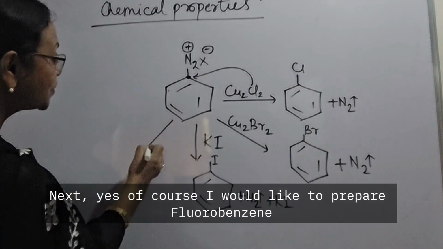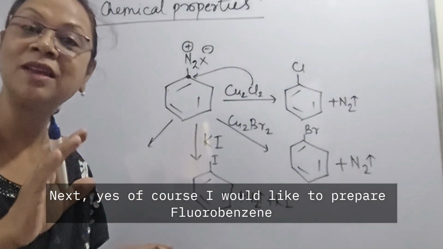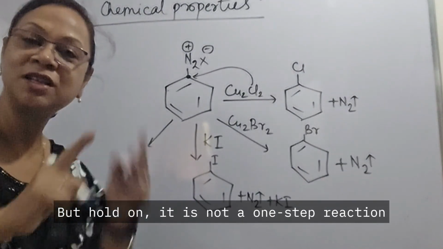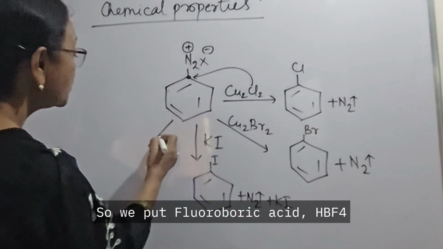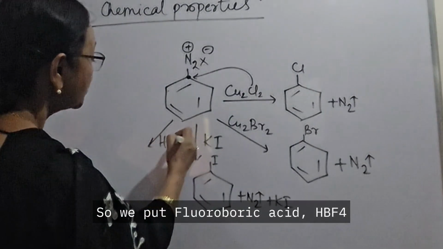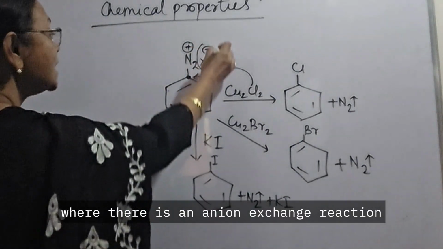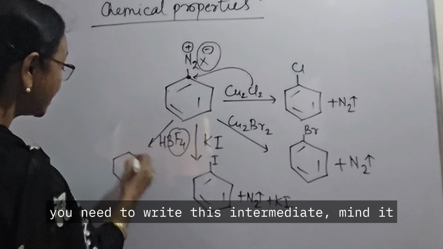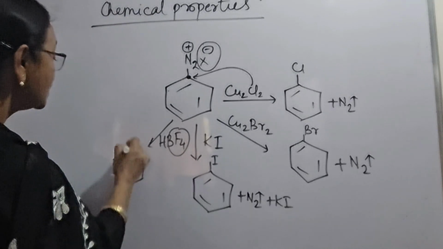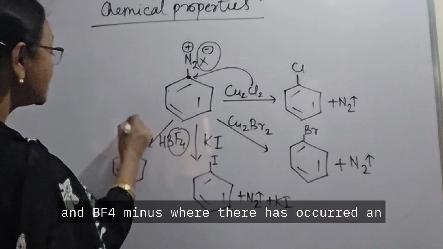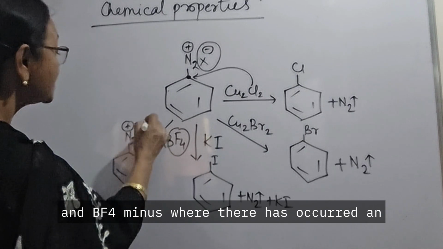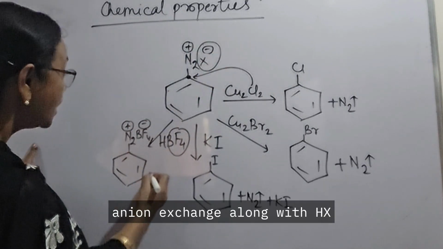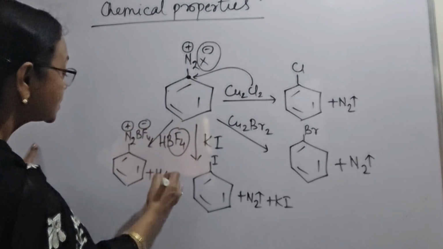Next, yes, of course I would like to prepare fluorobenzene, but hold on, it is not a one-step reaction, it is a two-step reaction. Okay, so we put fluoroboric acid HBF4 where there is an anion exchange reaction. You need to write this intermediate, mind it. So you get N2+ BF4-, where an anion exchange has occurred, along with HX.